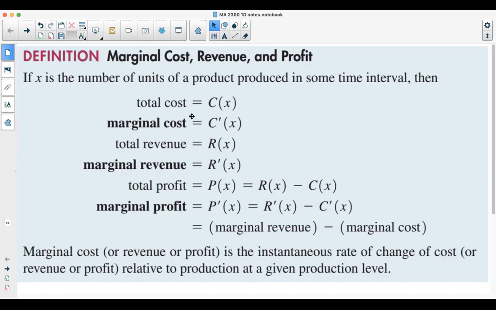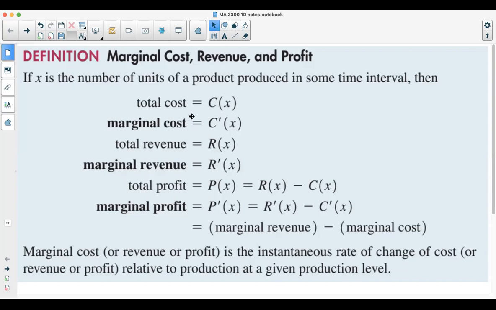If I have to give you context, let us say I have a company, and I realize the pattern of my cost. So I was able to establish the cost function, and then revenue. I can calculate the revenue, and for every item that I sell, I get this much money.